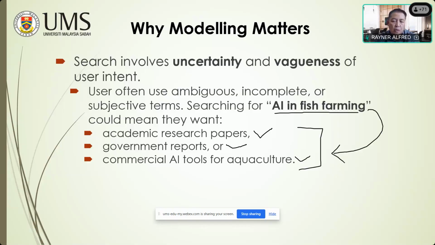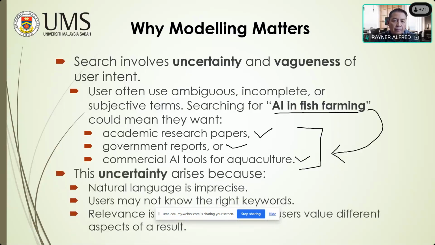At the same time, since we use natural language to express what we want, different people will use different terms or express themselves in different manners because each one of us has a different background. So the user may not know the right keywords to find the document that they are looking for.